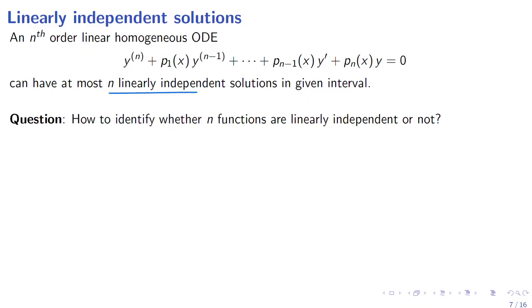So the great question is how to identify whether the n functions that we have are linearly independent or not. Again, we can use a very similar approach as in the second order linear equation case, where we're going to use the Wronskian.